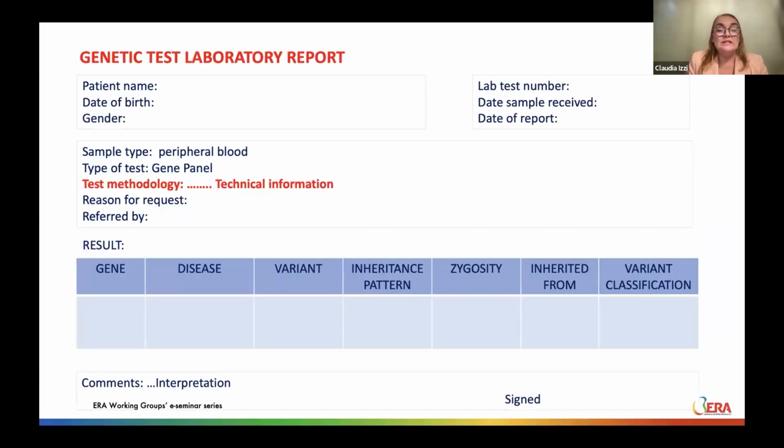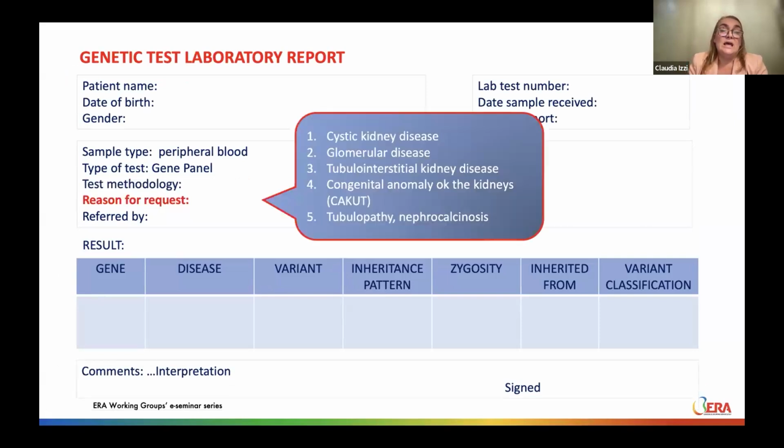And then there is a part in the laboratory report on test methodology. These are technical information about the type of analysis, the instrument and so on. And then there is a part that is very important, that is the reason for request. So the phenotype of our patients, in this case, we are talking about renal disease patients.